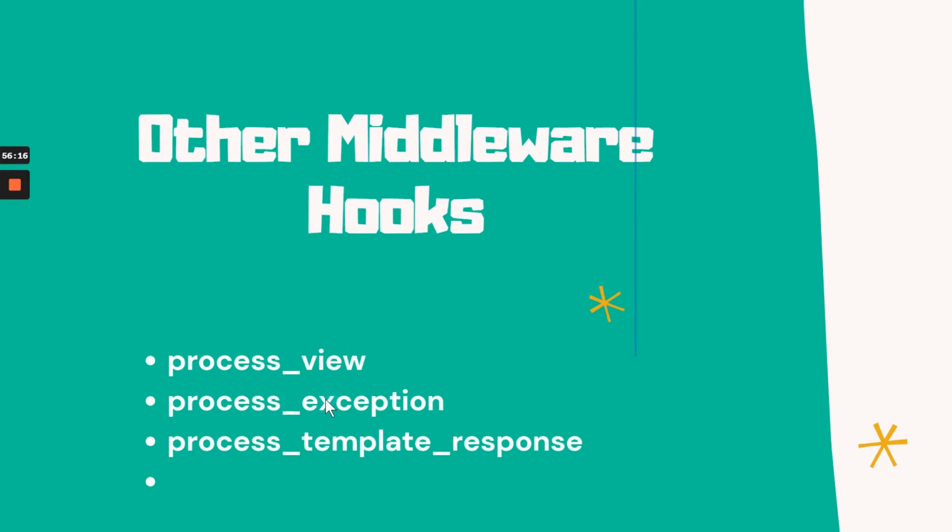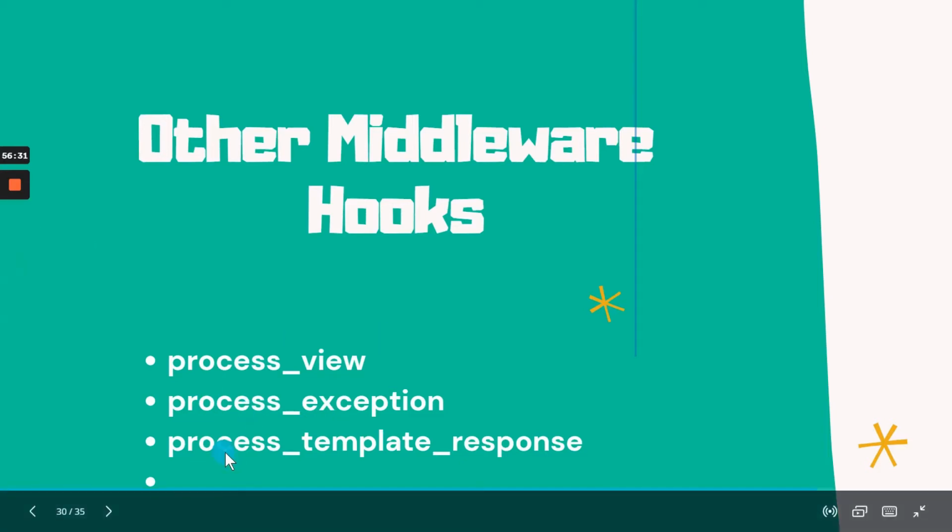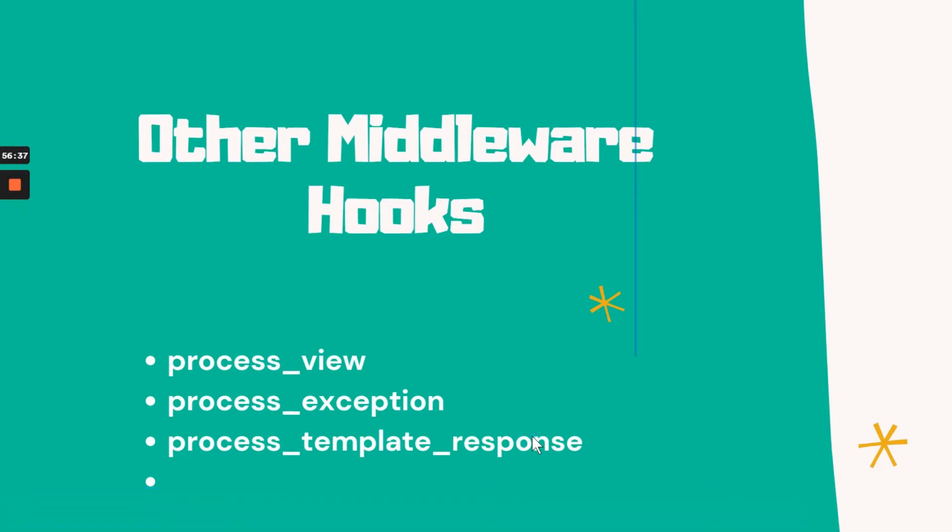After the execution of your view, whenever you get an exception in response, this method is executed. Process_template_response: when you render some template, that is passed as a template response in the middleware, and that is taken care of by process_template_response.